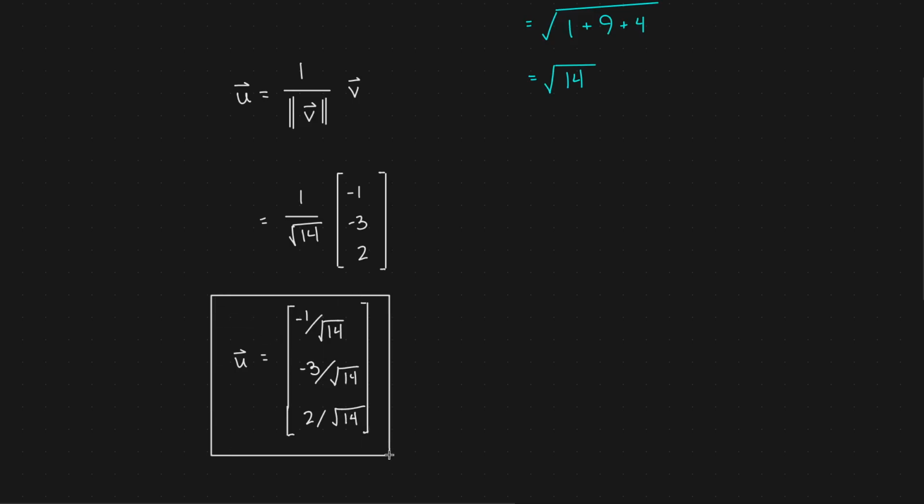But let's make sure that the answer is actually what we want it to be. We want it to be a unit vector, right? So I can check that by finding the norm of u. Norm of u better be 1, right?